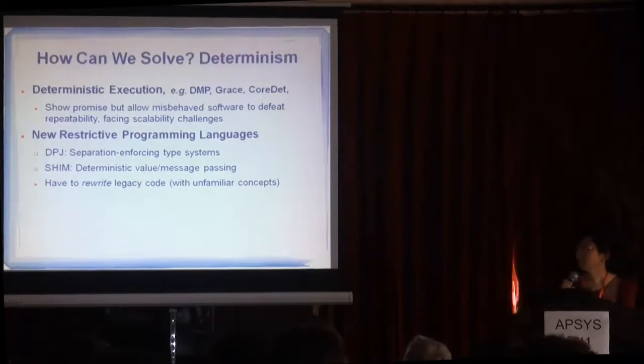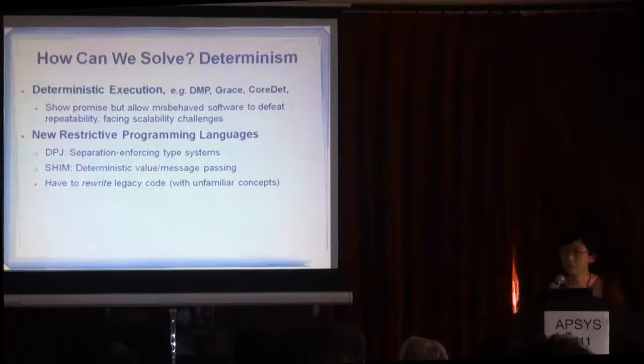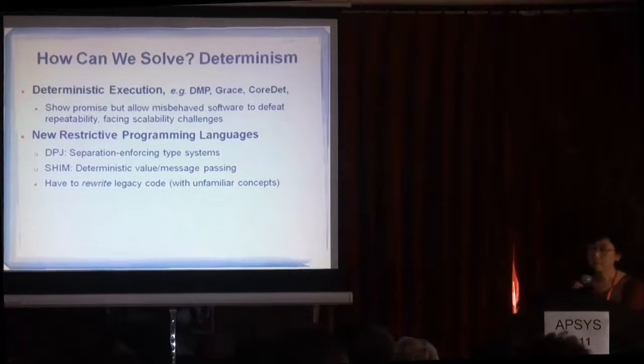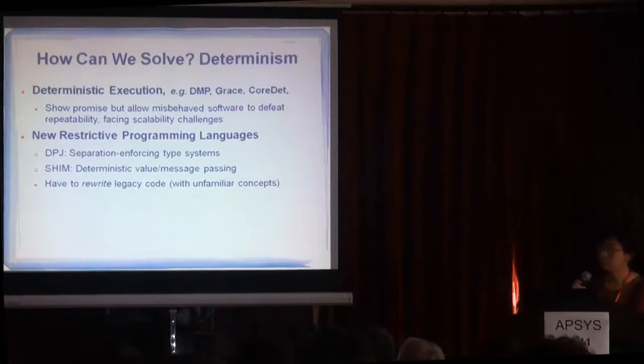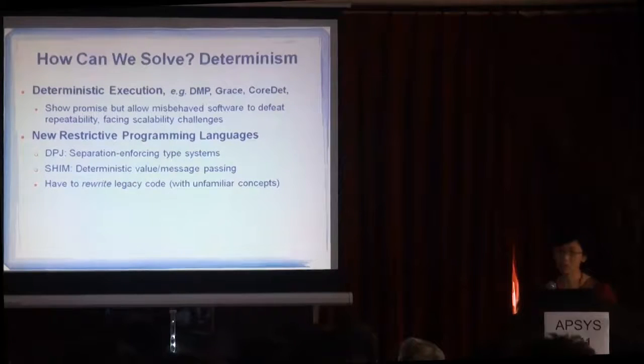New restricted programming languages such as Deterministic Parallel Java and C offer limited determinism, but require programmers to rewrite code and perhaps adopt unfamiliar concepts.